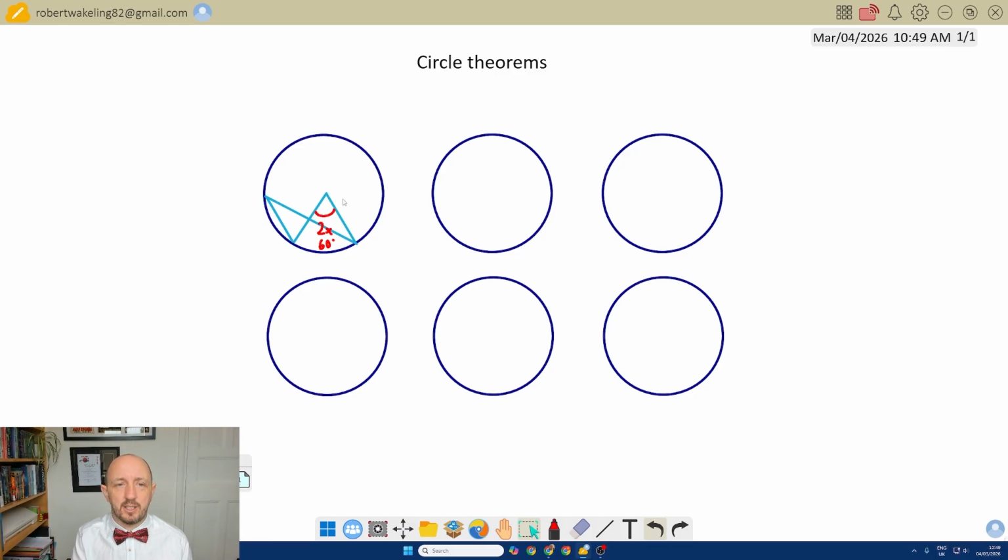But the difference is this is in the center as opposed to being on the circle's circumference. What do I mean by that? If we look at this one here, where you have the similar sort of shape, the bow tie shape, you can see that all 4 corners are on the circumference of the circle, whereas this one of the corners is in the center. So that is something to be aware of.